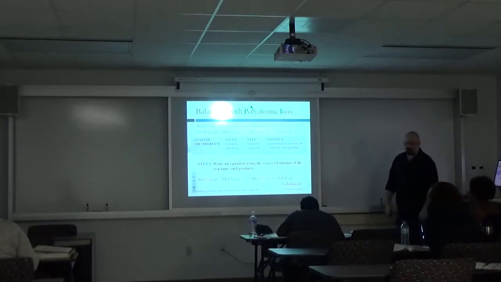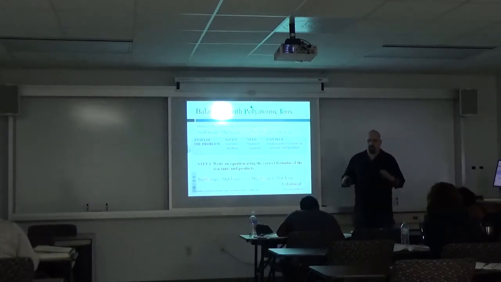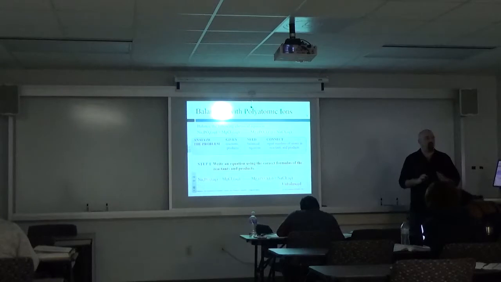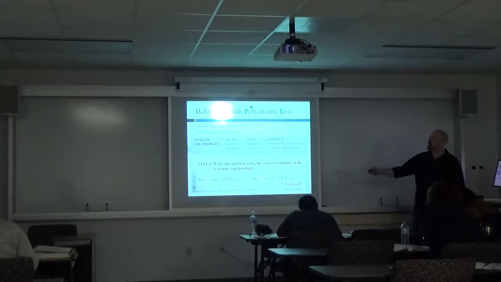First off, here's something to look at. We can make this easier on ourselves by defining our units. So yes, we have a lot of atoms here, right? But does that phosphate and sodium phosphate change from our products to our reactants? No. No, it's still PO4, right?